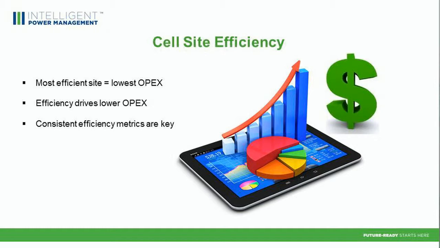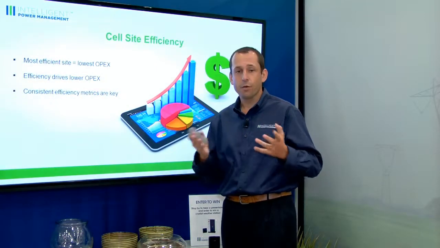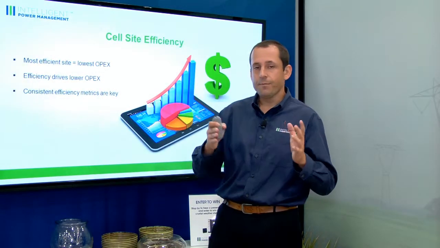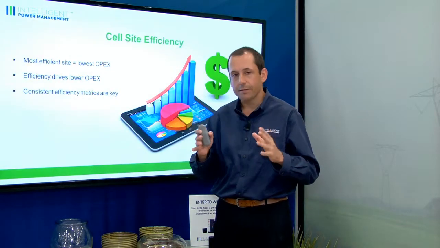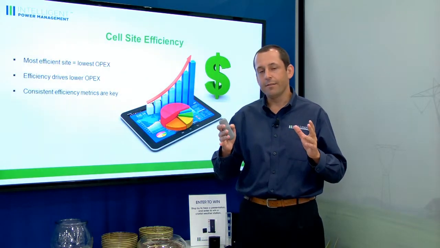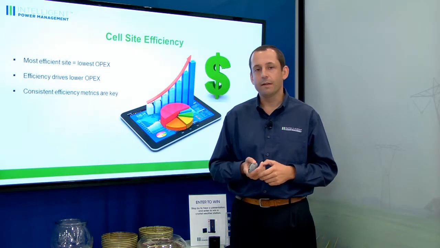And then the third bullet here is consistent metrics is a key element for measuring and achieving intelligence efficiency or energy efficiency. Ultimately, think of the cell site as being a very diverse ecosystem.